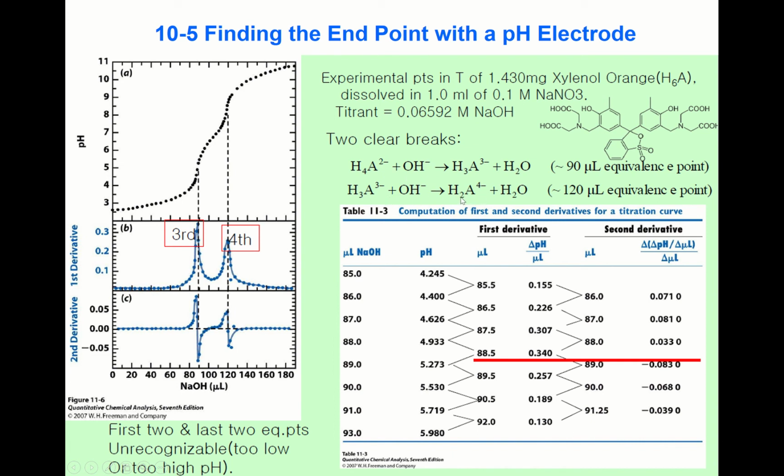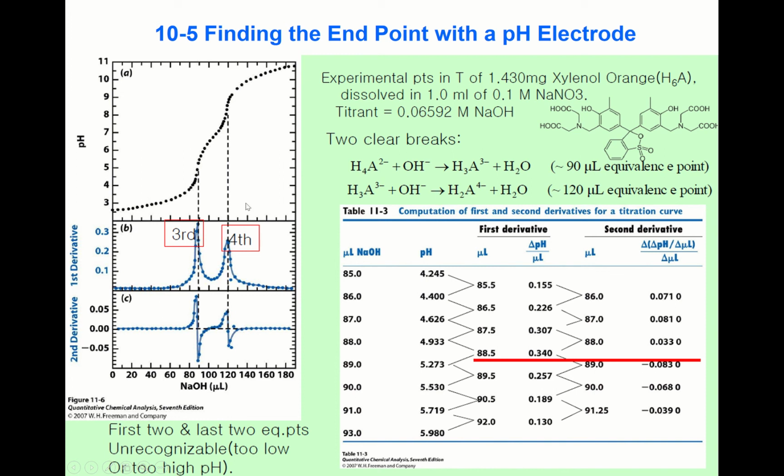This one should then react with hydroxide ion to lose another proton and then another, but here the fifth and sixth dissociation constants are too small, so they are not seen in this titration curve. You understand?